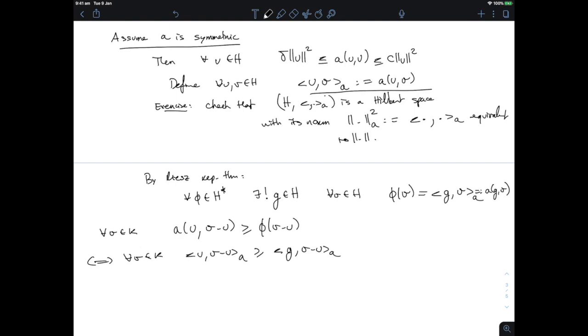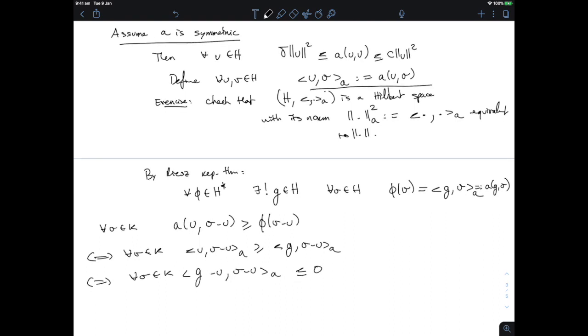And that is really saying that for every V in K, the A inner product of G minus U with V minus U is less or equal than 0. Now, this is exactly a characterization like what we have in our very first theorem of this chapter, Theorem 2.1.